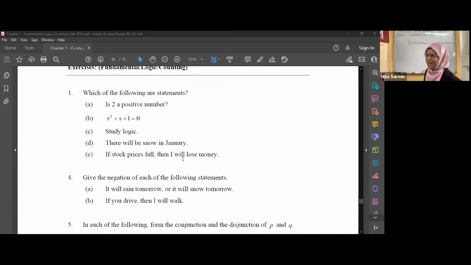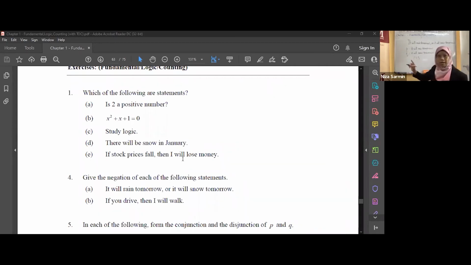There's no snow in Malaysia, but okay, P, it will rain tomorrow. Q, it will snow tomorrow. Okay, and what is the statement? P or Q.